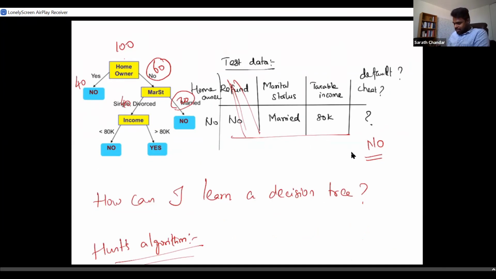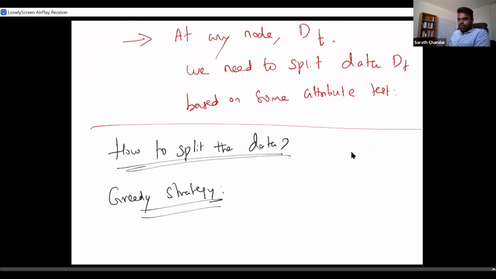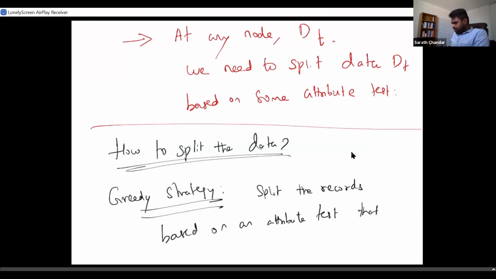And what we are doing here, as we briefly discussed in the previous lecture, is a kind of greedy strategy. We will split the records based on an attribute test that optimizes certain criteria.